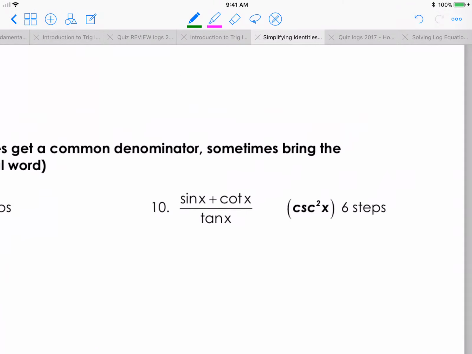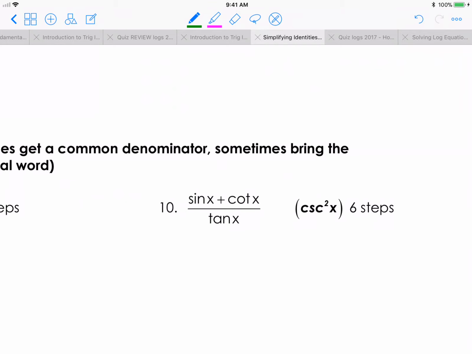So, to make this work, we're going to have to change this sign. This sine of x should really be tan of x. Okay, so change that to tan of x. All right, so at this point we only have one trig function in the denominator, so we don't need to find a common denominator. But we have two terms in the numerator, so let's split this up.